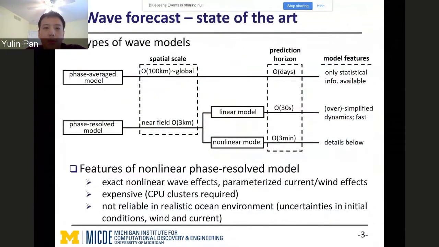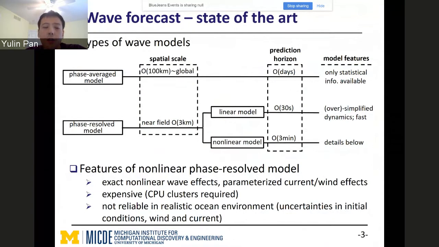To understand this problem better, it is worthwhile to review the state of the art for wave modeling. In general, there are two types of wave models, the phase averaged and phase resolved models. The phase averaged model is usually used in large-scale prediction, for example, with a spatial scale from the order of 100 kilometers to the global scale. And the prediction horizon is pretty large, in the order of days.